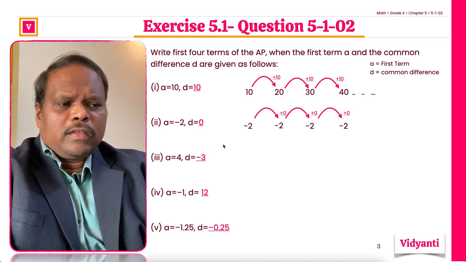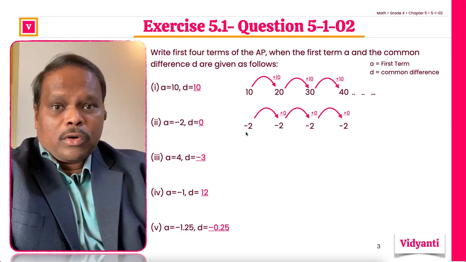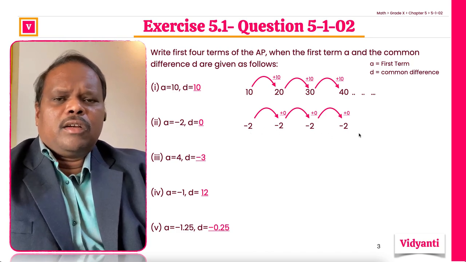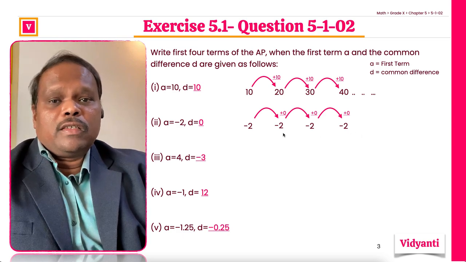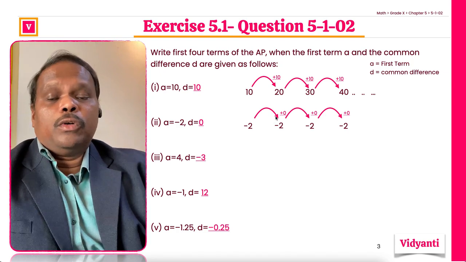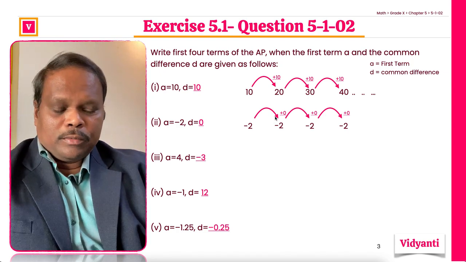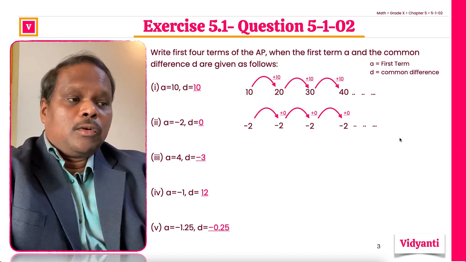Even if you have a progression where all the terms are the same, this still technically qualifies as an arithmetic progression, because you can consider it an arithmetic progression with 0 common difference. And this goes on forever.